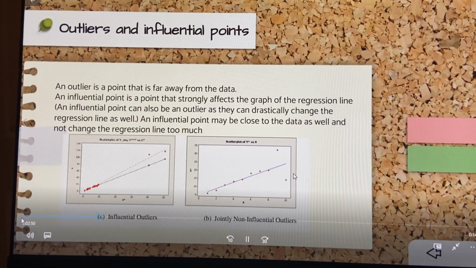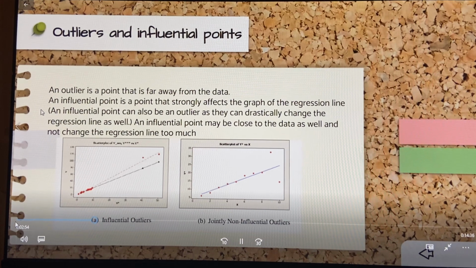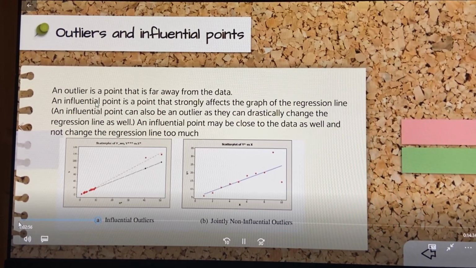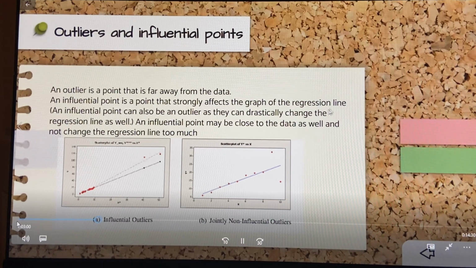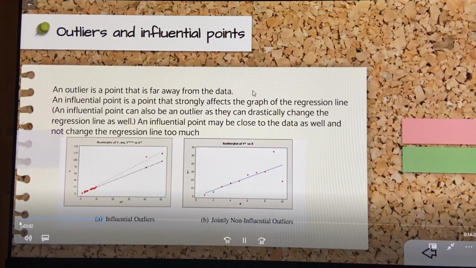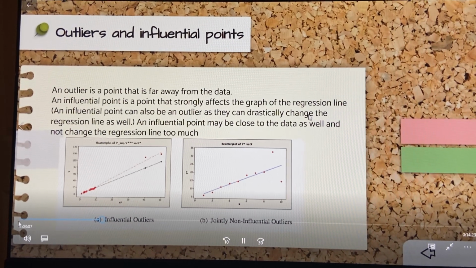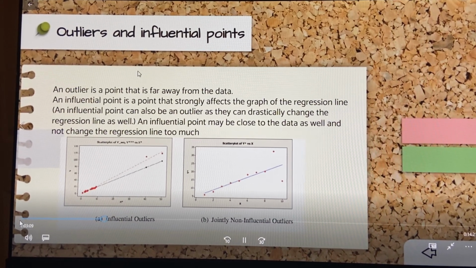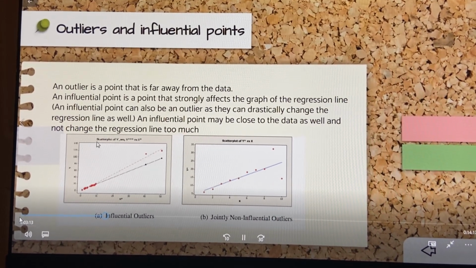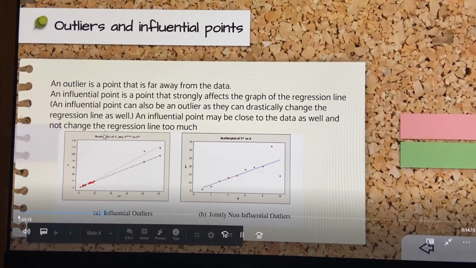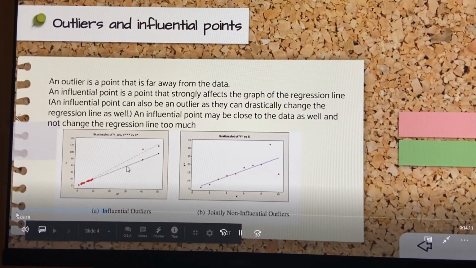An influential point, which can be an outlier or not, is a point that strongly affects the graph of the regression line. An influential point may be close to the data as well and not change it too much, but just enough, or it could be way over here as an outlier and it will really change the graph a lot more the farther away it is from the rest of the data.